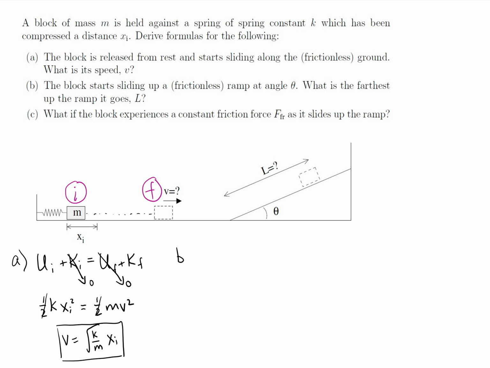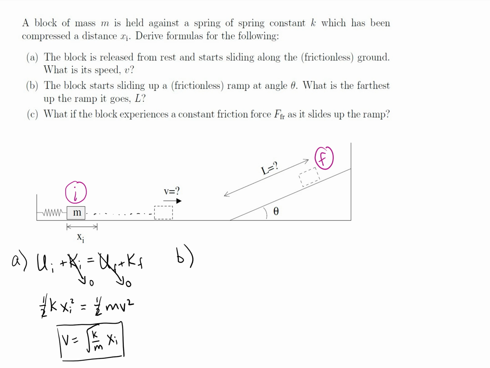Okay, now in part B, the block starts sliding up a frictionless ramp. However, the ramp makes an angle of theta with the ground, and what's the farthest up the ramp it's going to go? And so now I'm talking about a slightly different situation, so I'm going to move this final position.